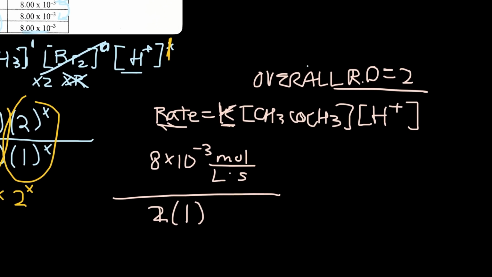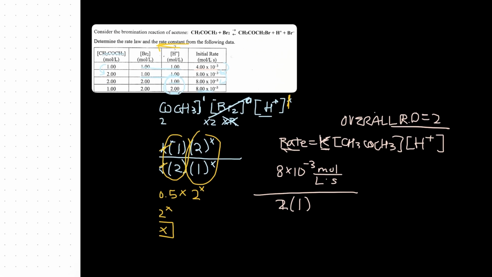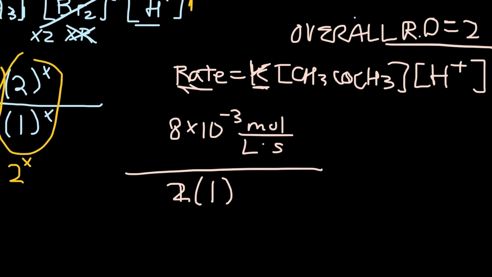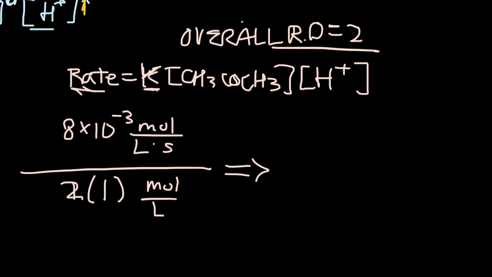So this is just 8 times 10 to the negative 3 divided by 2. And the units, let's see, mole per liter. I made another video on finding out the units for the K. That's more comprehensive.